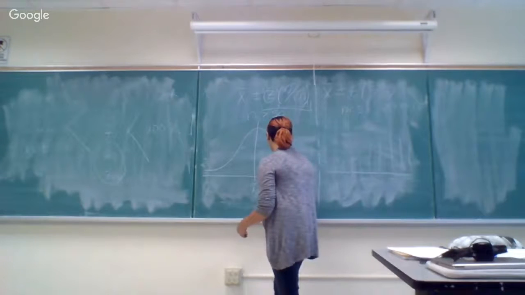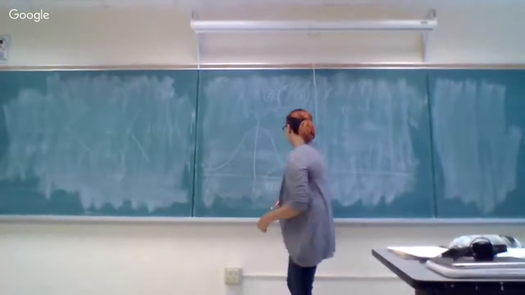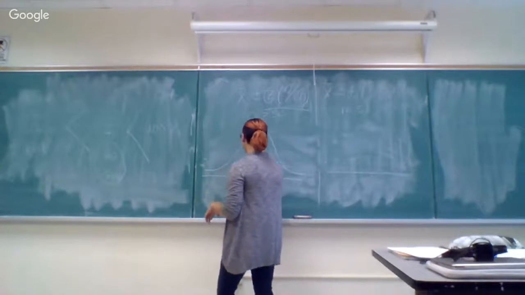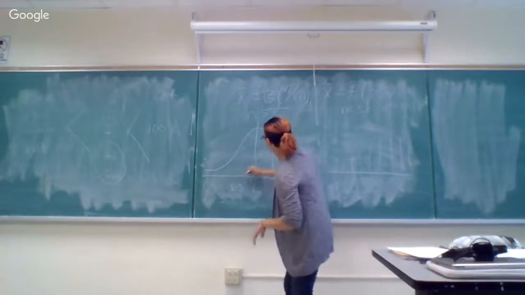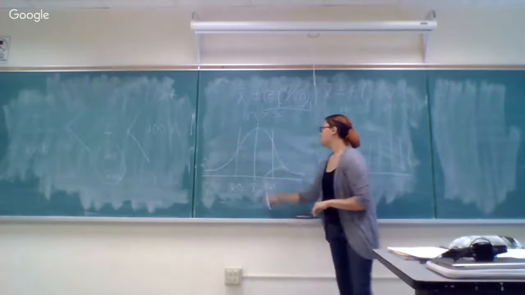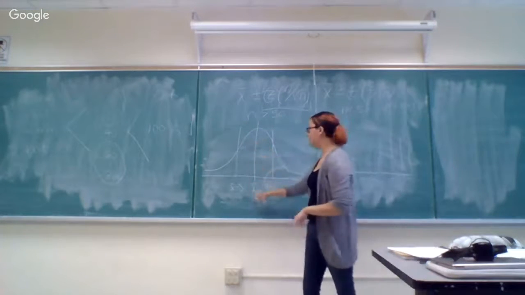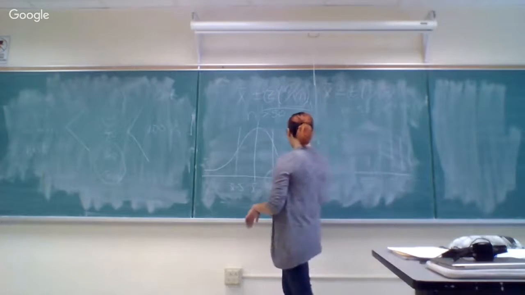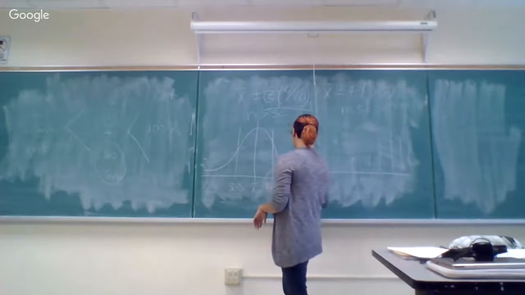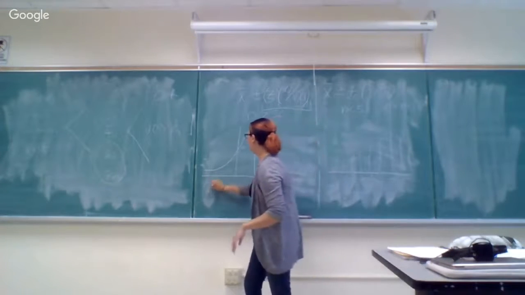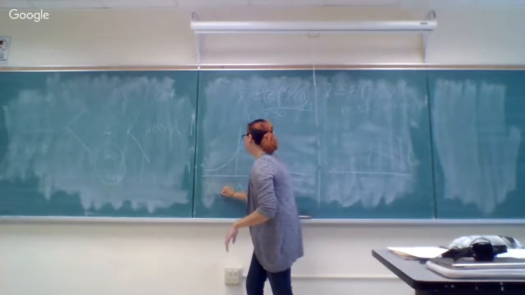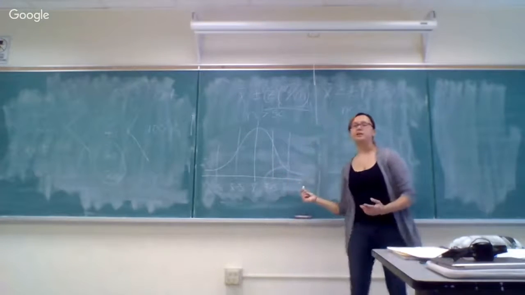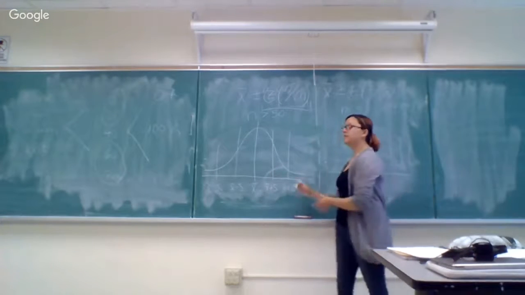If I go x bar plus 1 standard deviation, and x bar minus 1 standard deviation, and draw a line, 68% of the data will be in this interval. And if I go x bar plus 2 standard deviations and x bar minus 2 standard deviations, that's our 95. And we learned in reality it's actually 1.96.